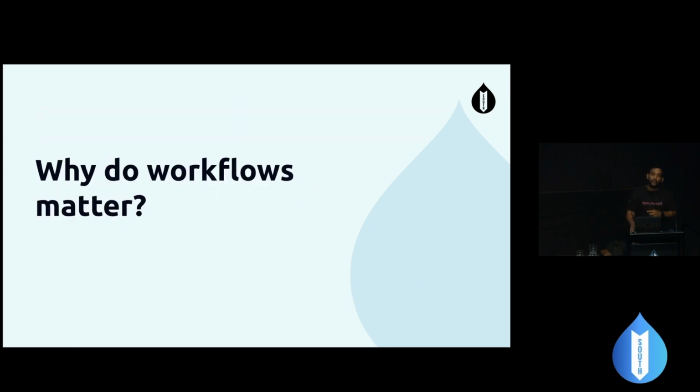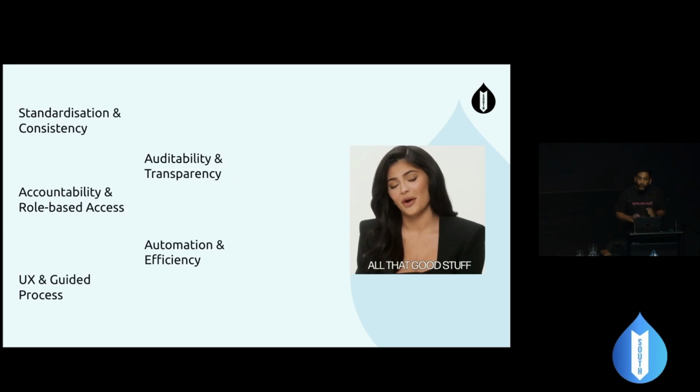And why do workflows matter? A couple of words up on the screen there. Standardization and consistency. With a workflow, we're able to define how something goes from A to B, so it stops people from inventing new ways to break a particular process. Accountability and role-based access.